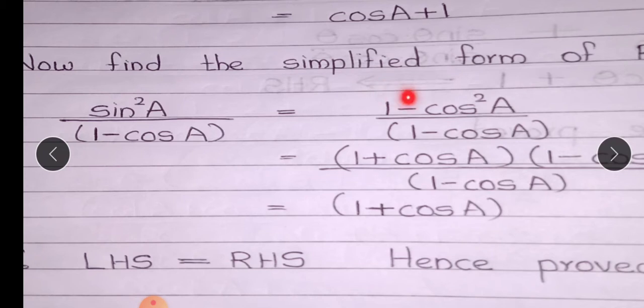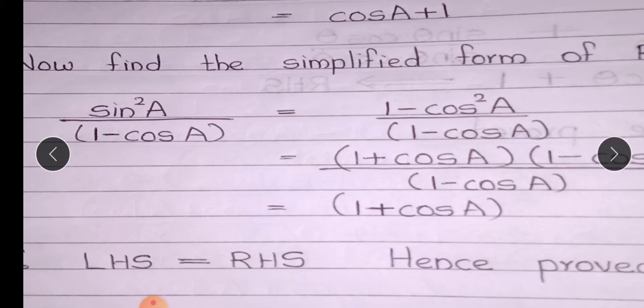Students, can you write this in terms of any identity? Here 1 is also a square term. Cos square A is also a square term. That is, we are going to use A square minus B square. What is the expanded form of A square minus B square?